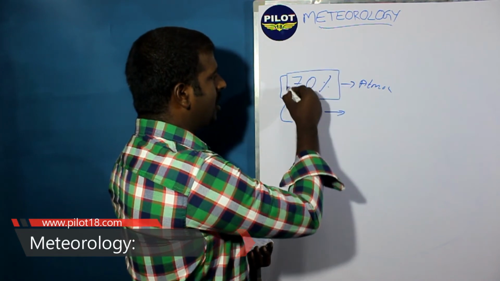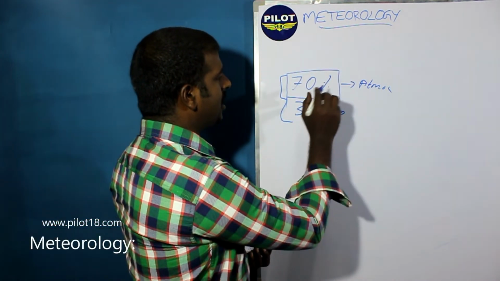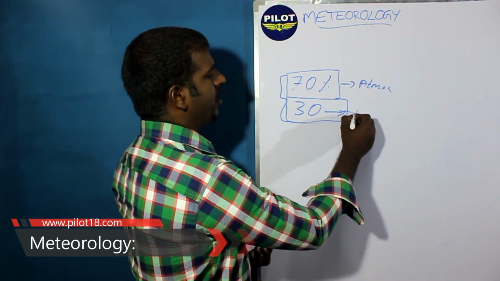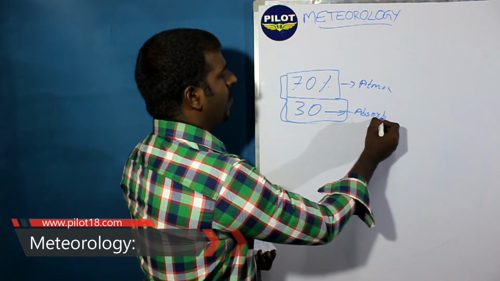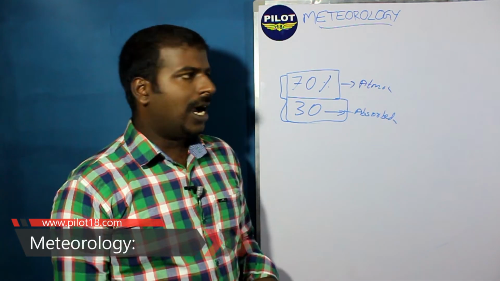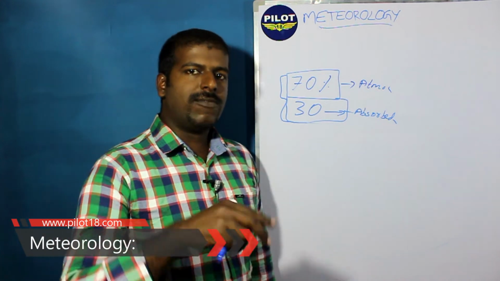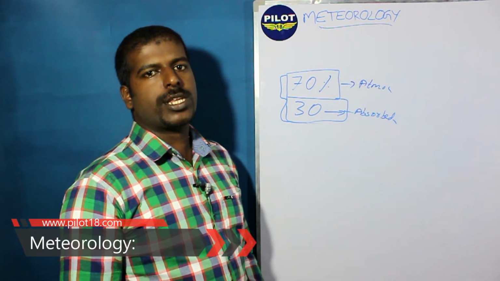In the total solar radiation, 70% is reflected and only 30% is absorbed. Okay, and in this 30% absorbed radiation, Earth eventually loses it in the form of nocturnal radiation.